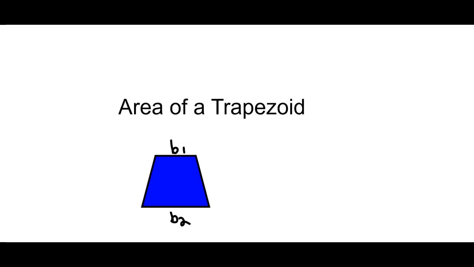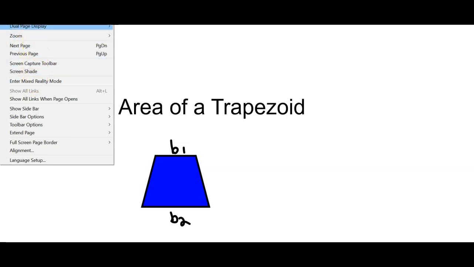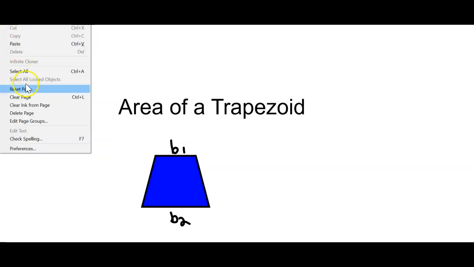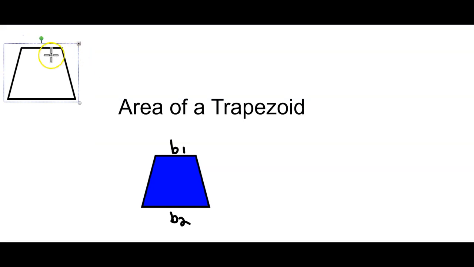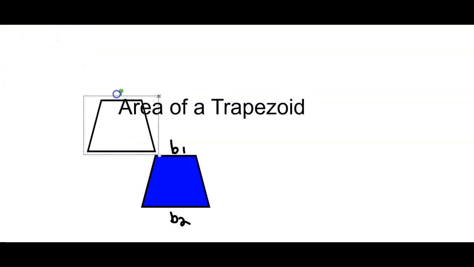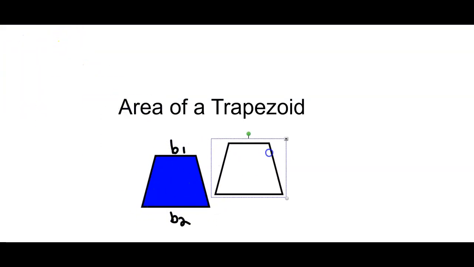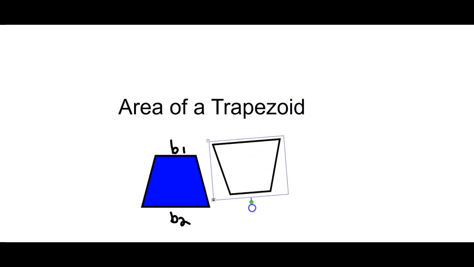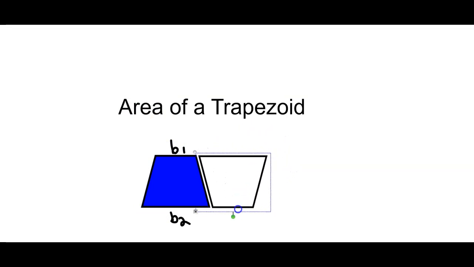Then if I were to duplicate that trapezoid, let's do another one here. Where's my paste button? This is the same trapezoid, but this time I'm going to spin it around like this. This is all that GeoGebra was doing.